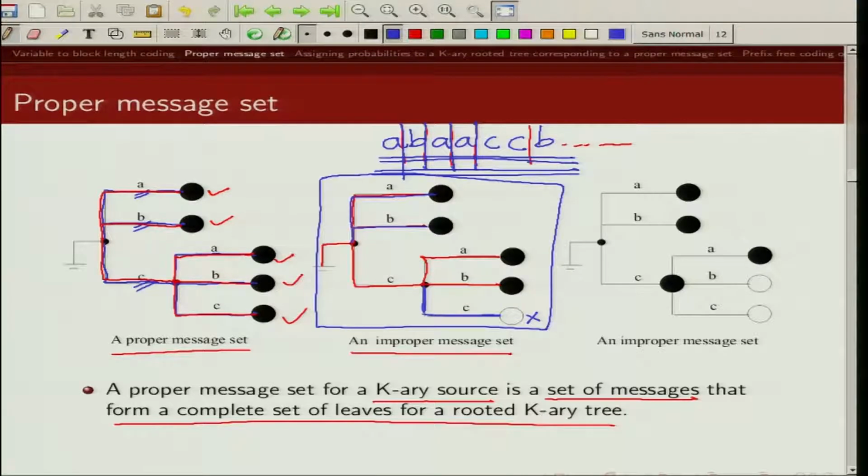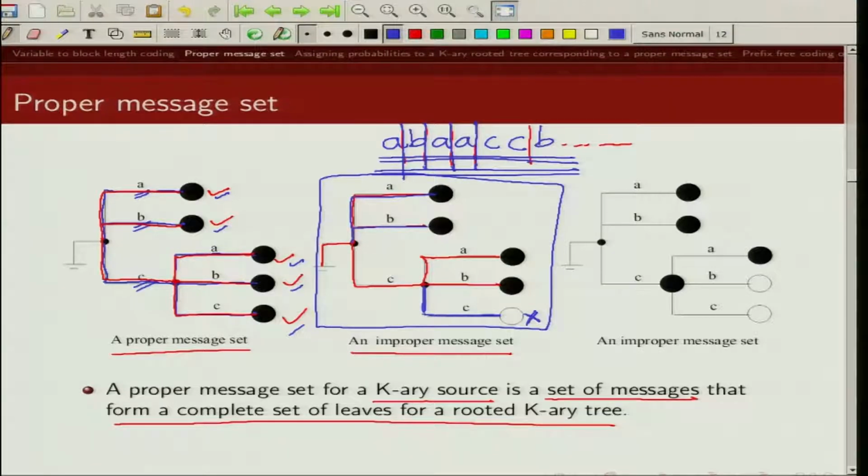So this is an example of an improper message set. In a proper message set, we are using all the leaves of a K-ary rooted tree, whereas in an improper message set, we are not using some of the messages. So clearly we cannot parse a source using an improper message set.